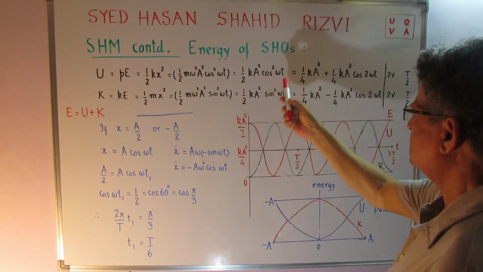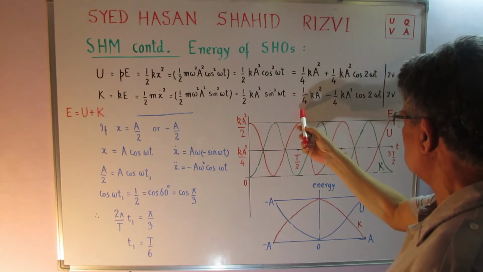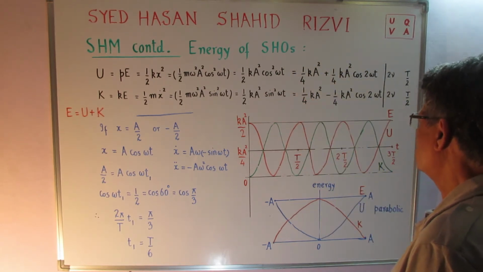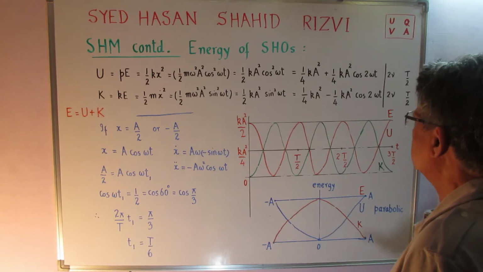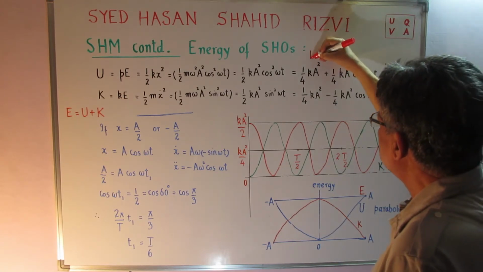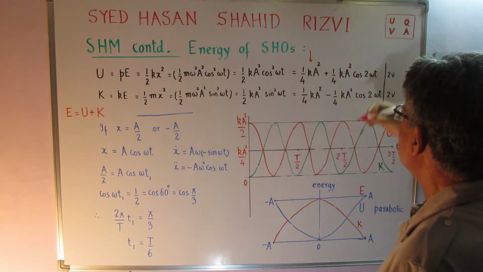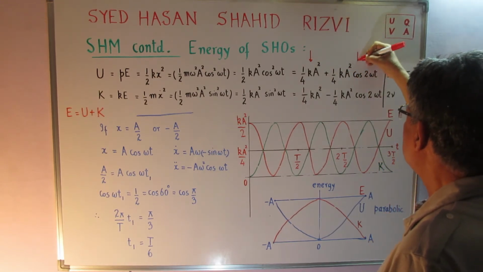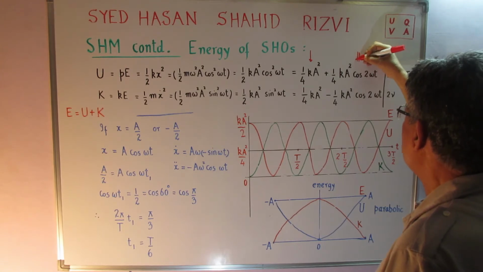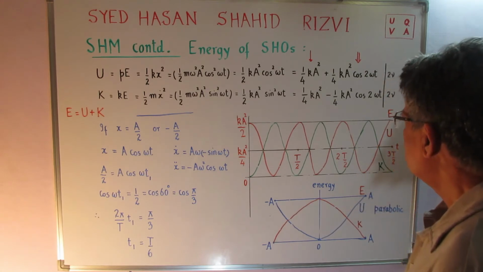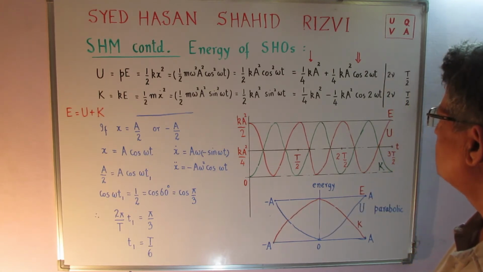Here is the cosine square and here is the sine square, and this also turns out to be equal to 1 upon 4 k a square minus 1 upon 4 k a square cos of 2 omega t. This part is time independent, and this part is a sinusoid with the frequency doubled and the time period halved.